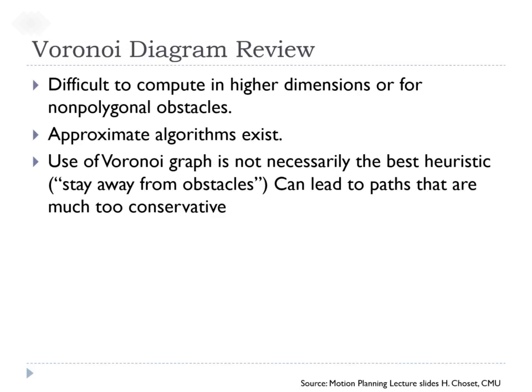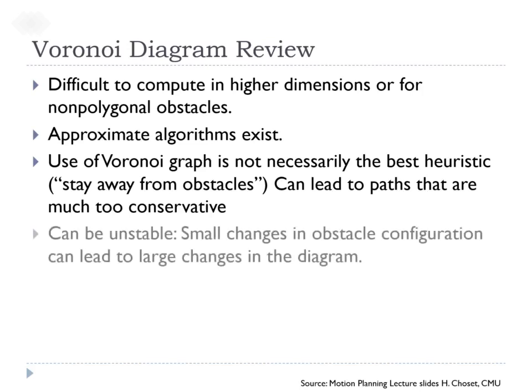That is, staying away from obstacles can lead to paths that are very conservative. If we are expecting that we should be at equal distance from two nearby obstacles, then this is such a conservative path that if my robot moves in a slightly deviated path, then it may show some errors where it is actually not an error.